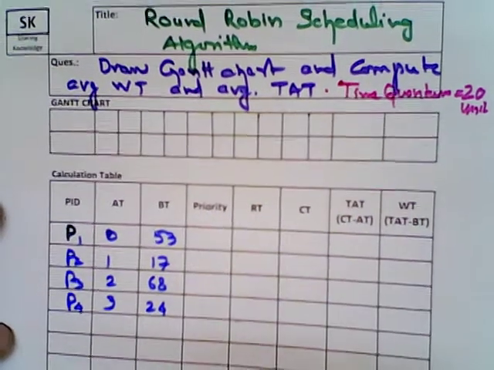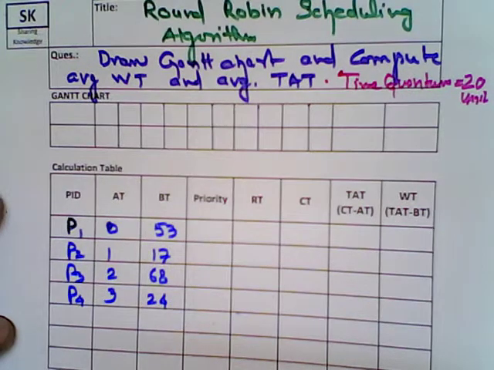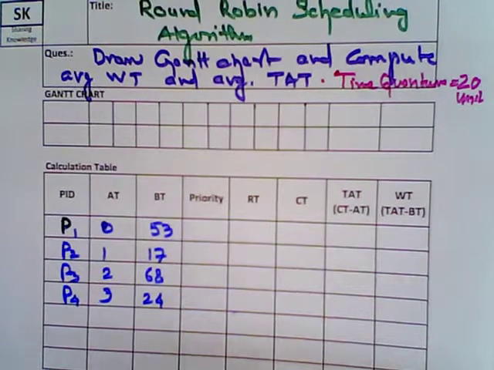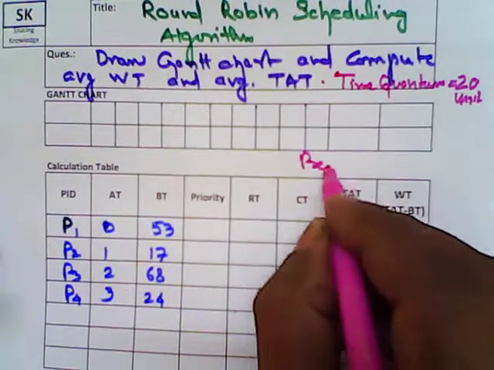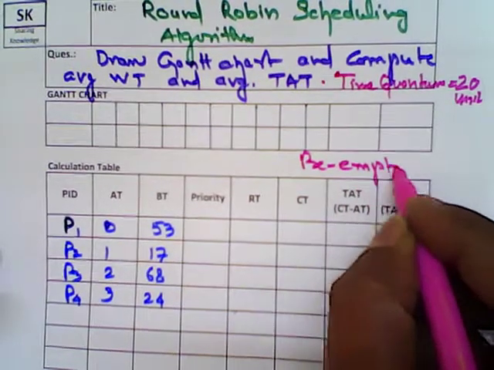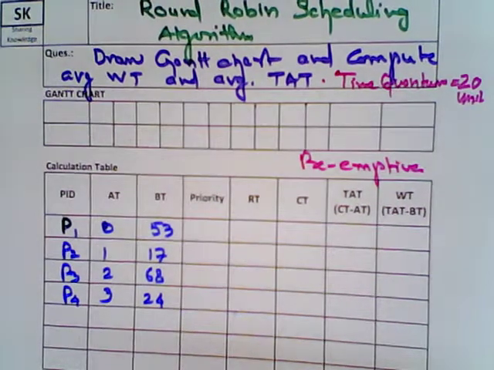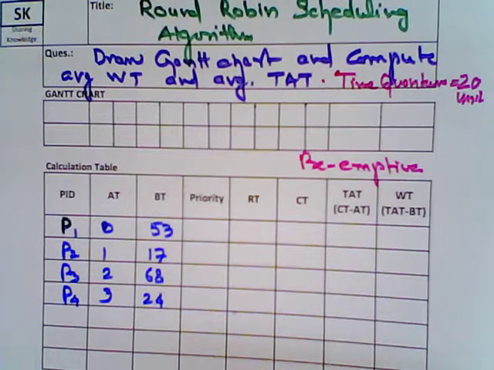Apart from this, you have to remember that this is a preemptive scheduling algorithm. What preemptive and non-preemptive scheduling algorithms are, I have discussed in more detail in various classes.